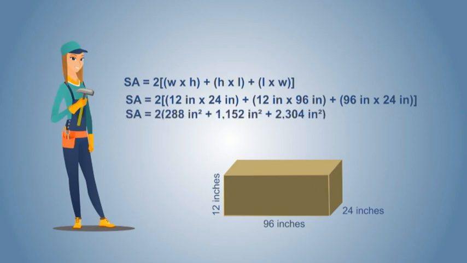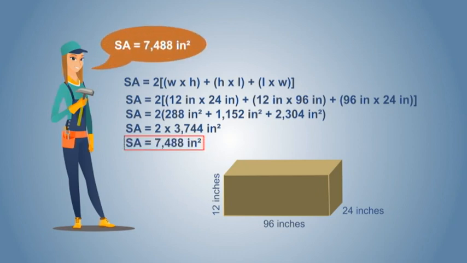That's SA equals 2 times the quantity 288 square inches plus 1,152 square inches plus 2,304 square inches, or surface area is equal to 2 times 3,744 square inches. Solving for surface area, we get 7,488 square inches, which is 12 square inches below the limit given to the carpenter.